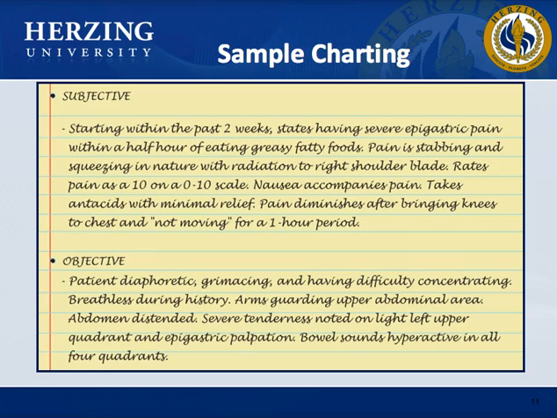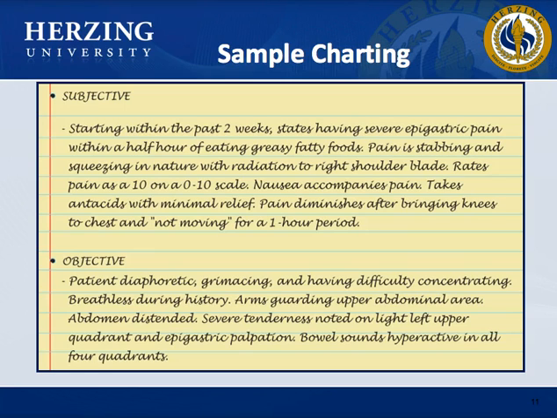This last slide shows examples of subjective and objective charting. So this is what a nurse's note would look like regarding pain. For subjective, it would read: starting within the past 2 weeks, states having severe epigastric pain within a half hour of eating greasy, fatty foods.